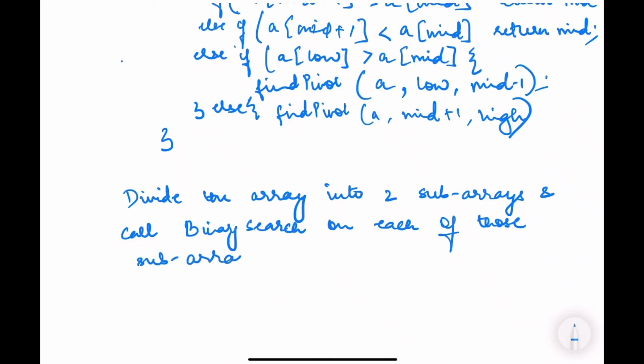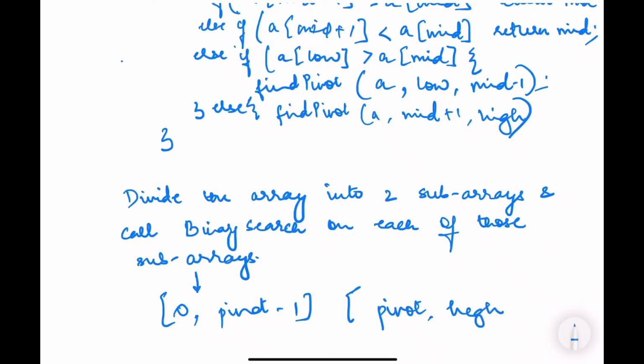So the sub-arrays that we will be forming here would be from 0 to pivot minus 1. That would be one sub-array, and the other sub-array would be pivot to high. The complexity of this approach is big O log n, as we are doing binary search.